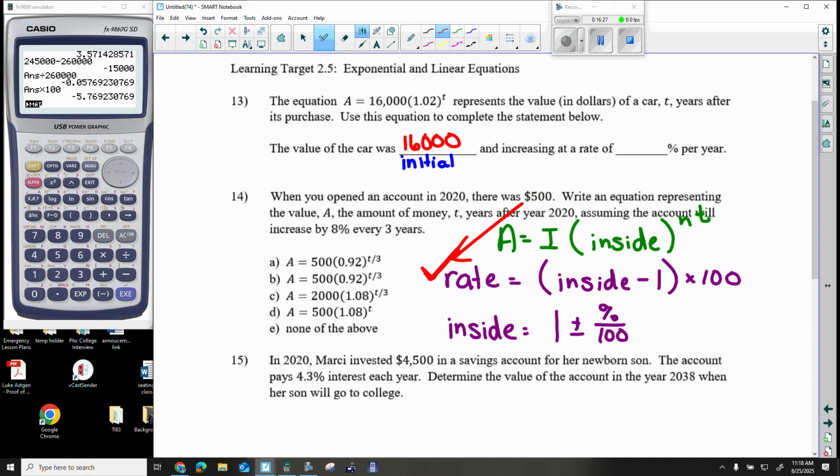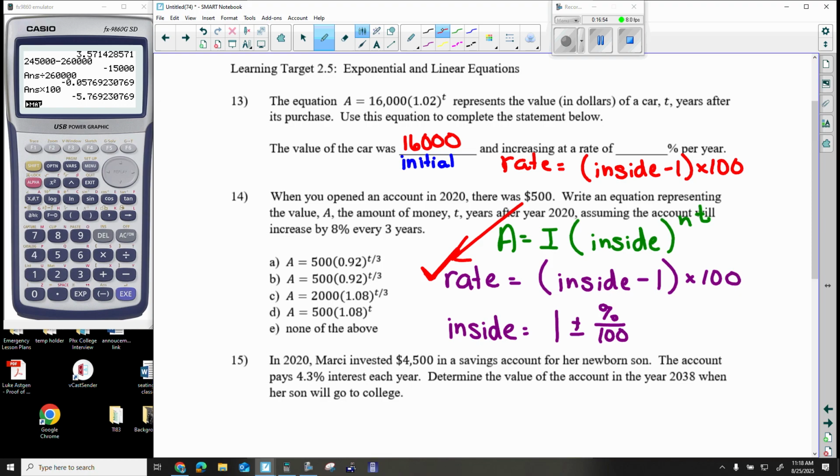The rate is going to be equal to the inside minus 1 times 100. The inside being this 1.02 that you see. That is the quote-unquote inside.